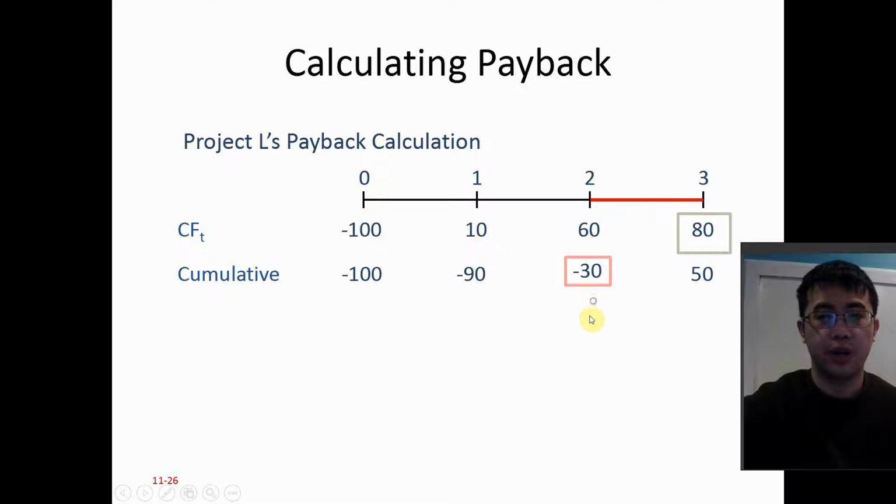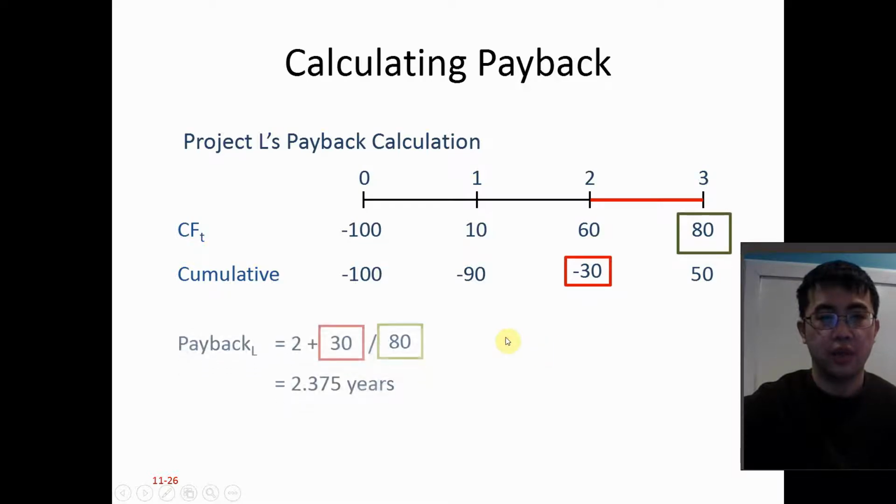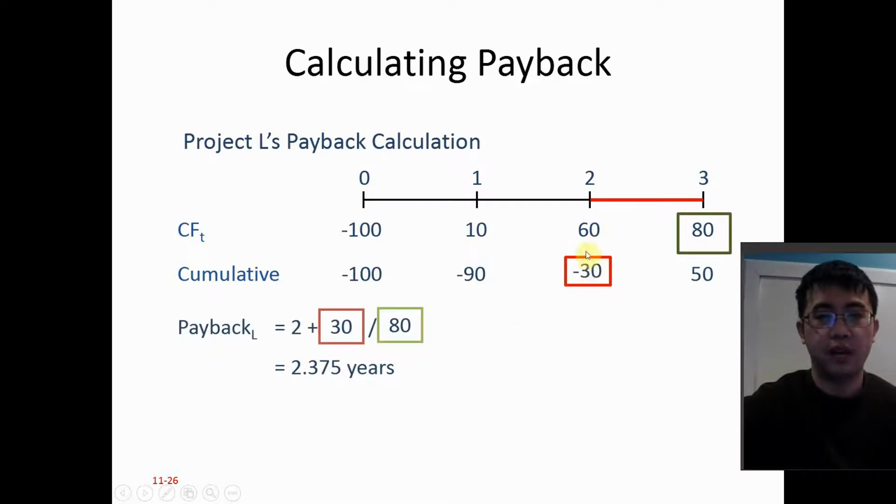So what's the fractional part? For the fractional part, you use the remaining balance at the beginning of the third year divided by the money made in the third year. Basically, you're assuming that this $80 is not made all at once at the end of the third year. Instead, this $80 is evenly distributed among all the days in the third year.